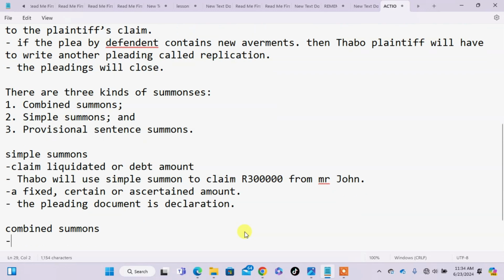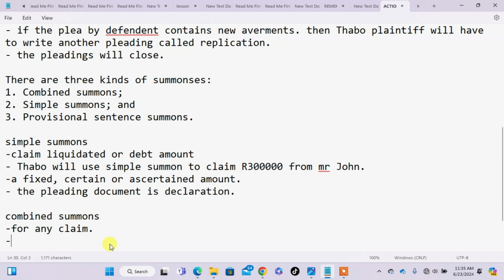This one is used for any claim. However, if you are claiming a liquidated amount or a debt amount, you have to strictly use a simple summons. Do not forget, combined summon is used for any claim. However, if you want to claim a liquidated debt or a debt amount, you have to use a simple summon.